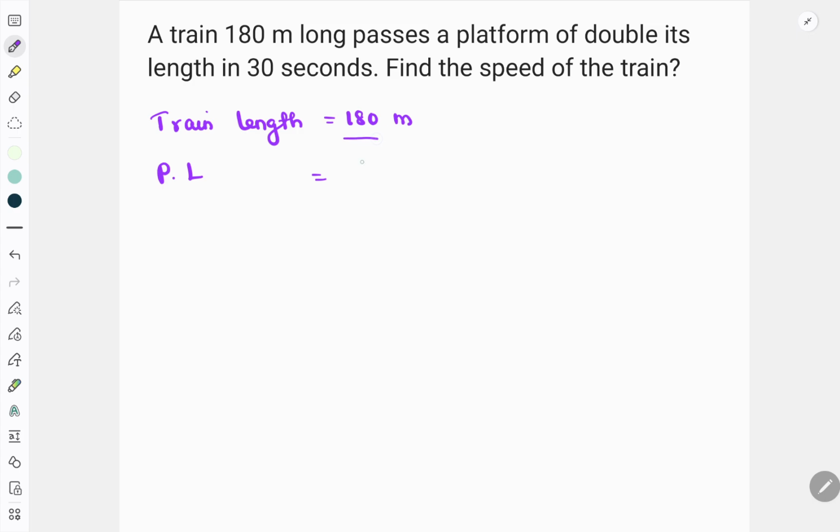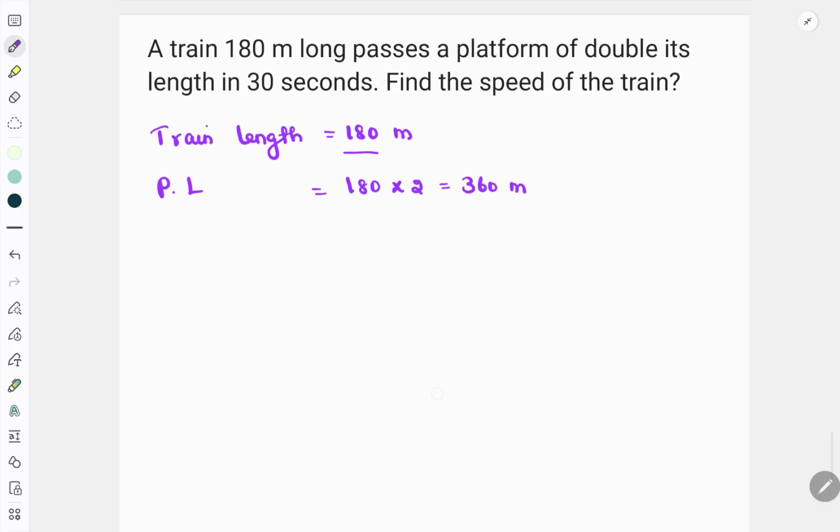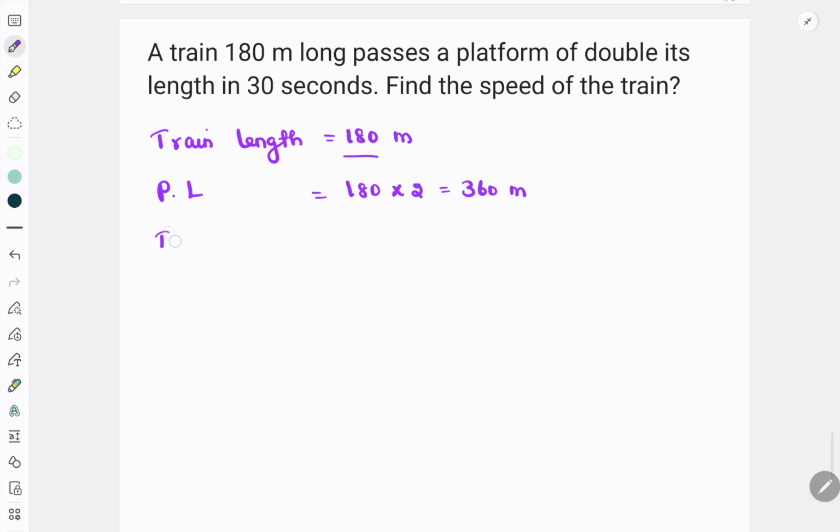Train length 180, so double means into 2, which is 360 meter. This is platform length. So total distance equal to train length plus platform length. Train length is 180 plus platform length is 360, so which is equal to 540 meter, right?